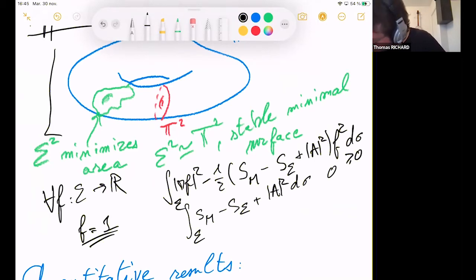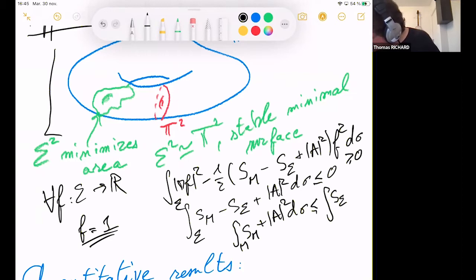So this will be less than 0. And then I can put S_sigma on the other side. And not integral over M, over sigma, I said.